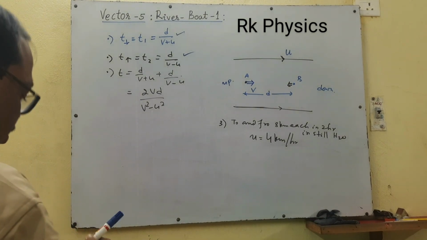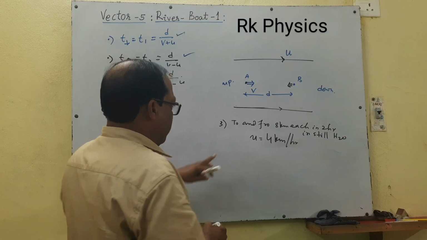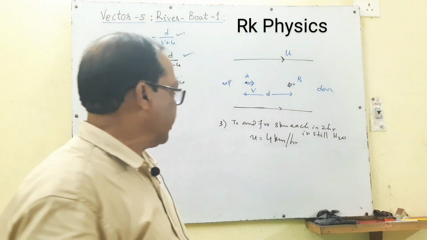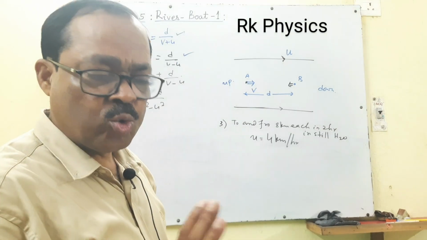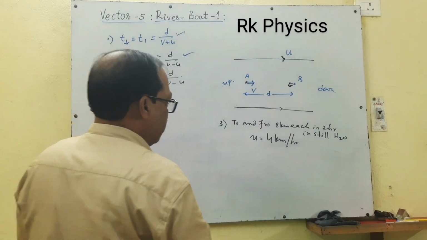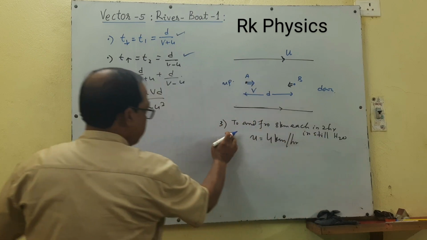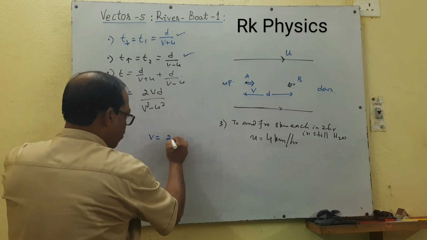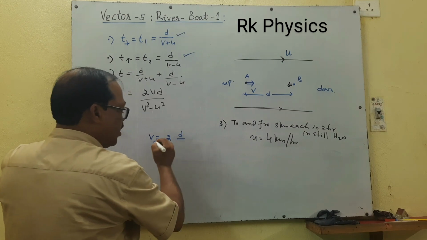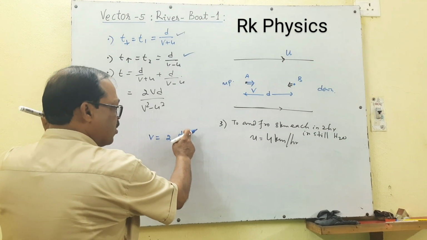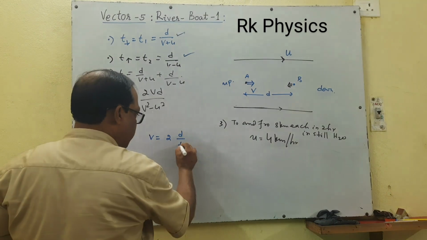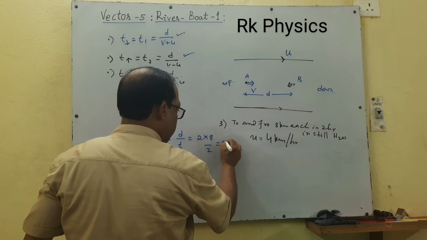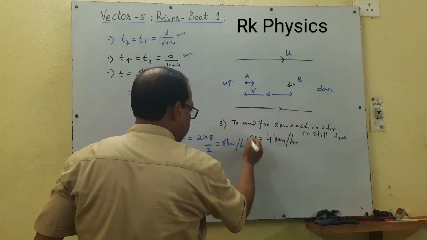Now let us solve another problem. If a boat moves to and fro 8 kilometers each way and it takes 2 hours in still water, then the velocity of the boat is 2 times D divided by T. This is 2 into 8 by 2, that equals 8 kilometer per hour.